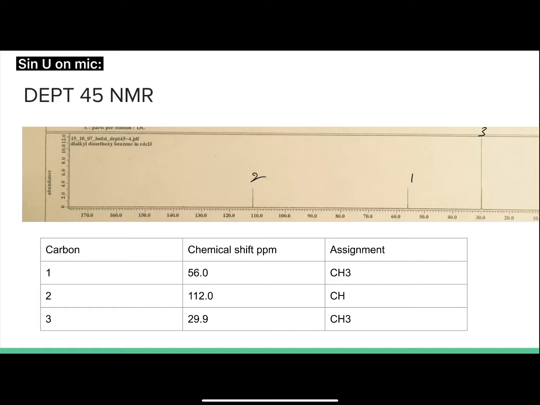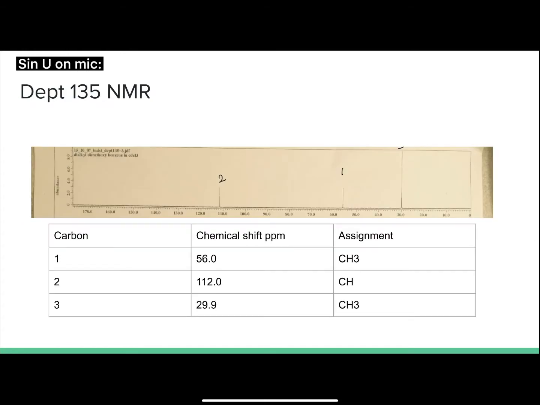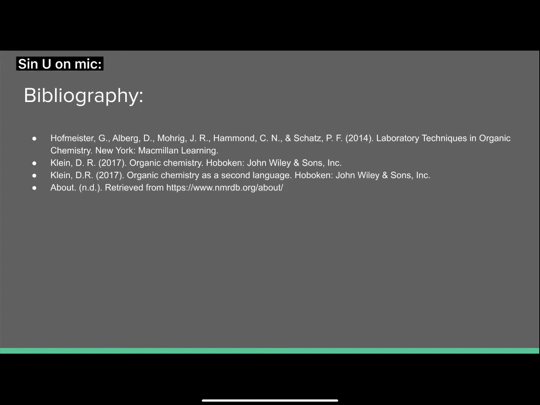Carbon 1 is the methyl group on the methoxy, and carbon 3 is the tert-butyl group. Looking at the DEPT 135 NMR, which shows the same result as DEPT 45 NMR, these NMRs prove that the compound is 1,4-ditertbutyldimethoxybenzene. And this is the end.